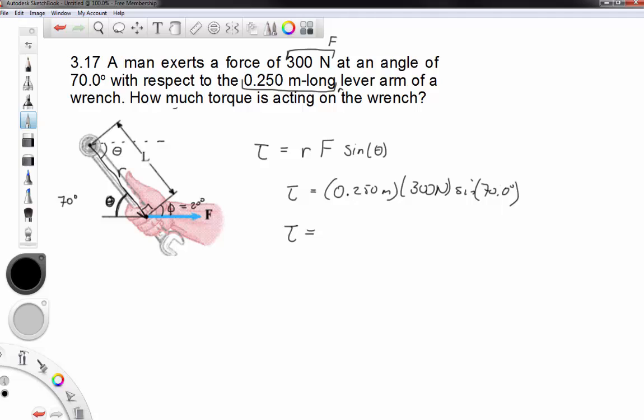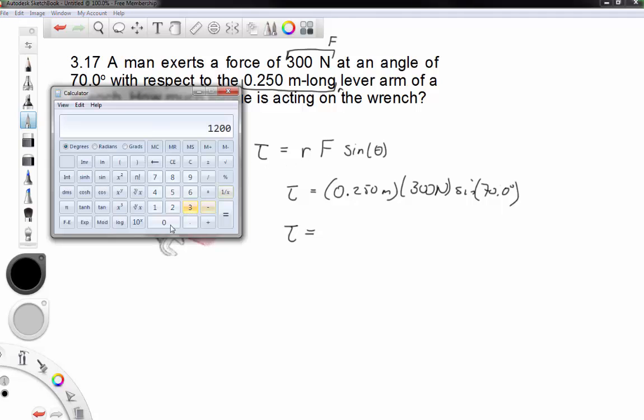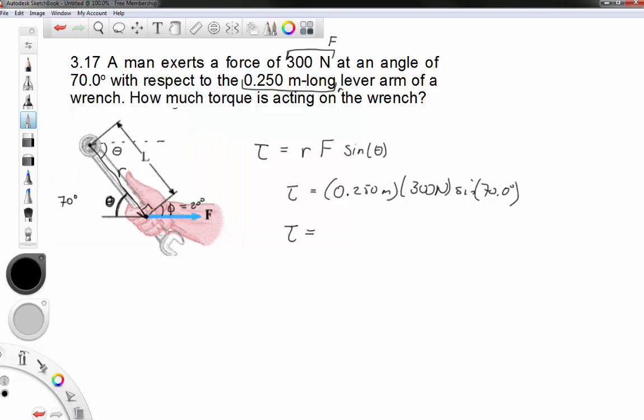So this means that our torque can be found using this calculator as 0.25 times 300 times the sine of 70, which I have to enter by putting 70 and then clicking the sine button. 70.477, and the unit for that would be newtons times meters, newton meters.